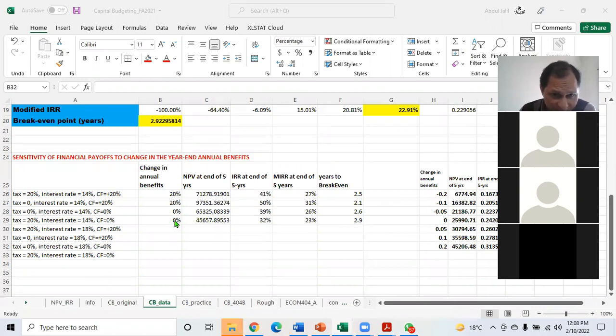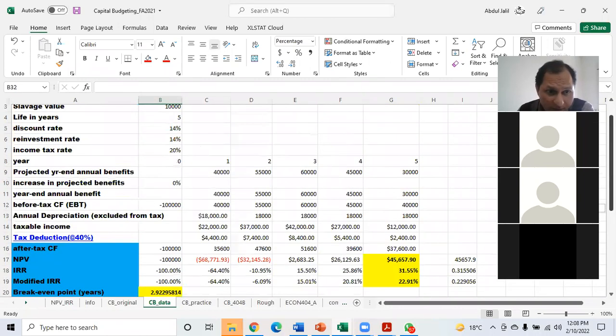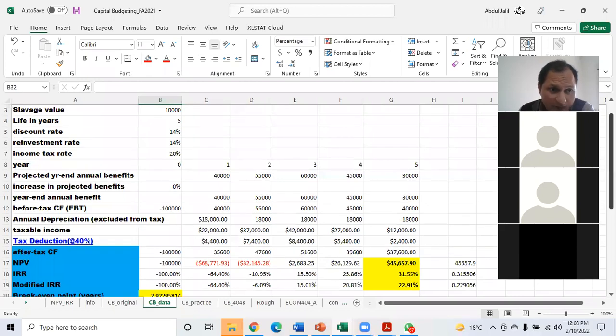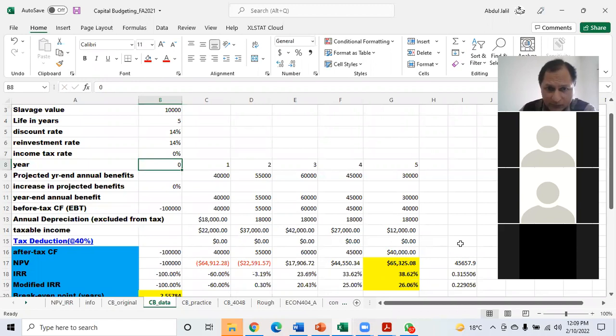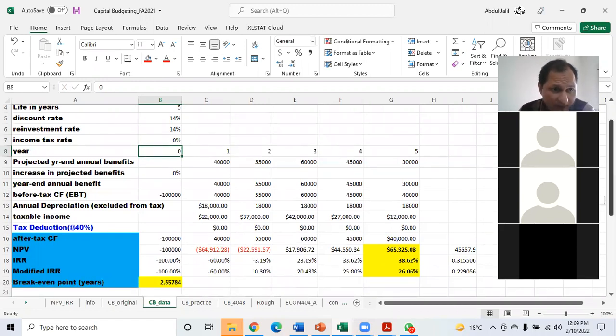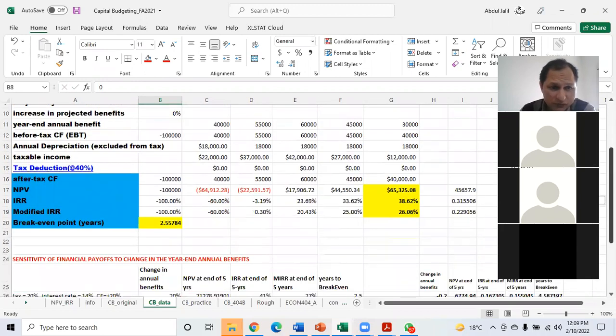Let's suppose, in the given situation now, what is the condition exactly we are bearing? There is no increase in the project benefit. So always come back to the original situation, so that you know where you are. This is no tax and no cash flow change.